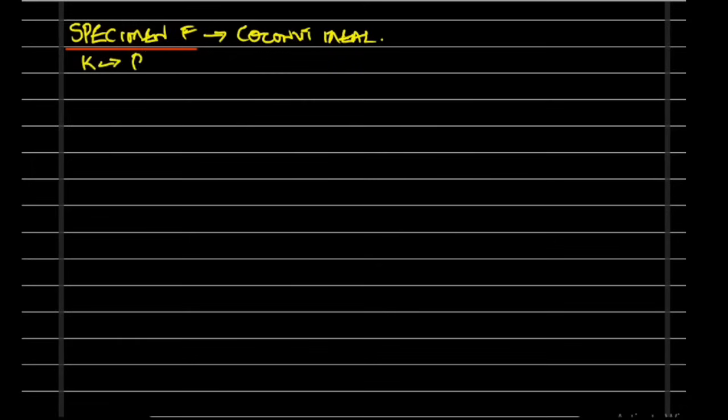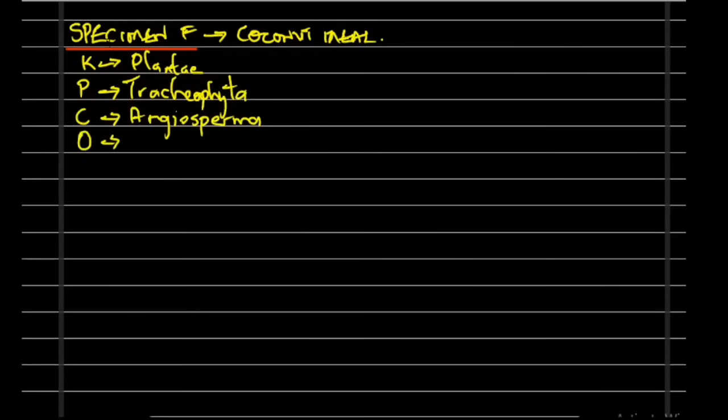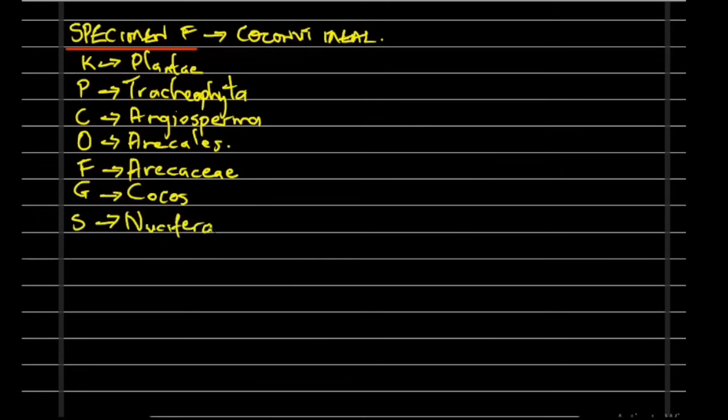The kingdom is Plantae, the phylum is Tracheophyta, the class is Angiospermae, the order is Arecales, the family is Arecaceae, the genus is Cocos, and the species is Nucifera. So that is the classification of this particular organism.